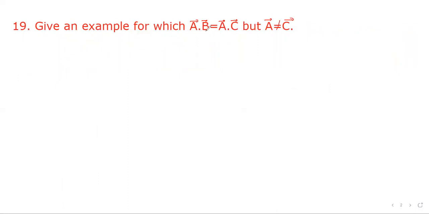Give an example for which vector A dot vector B equal to vector A dot vector C, but vector A does not equal to vector C. So it is very simple. Suppose we take vector B equal to i plus j, vector A equal to minus i plus j, and vector C equal to i minus j.